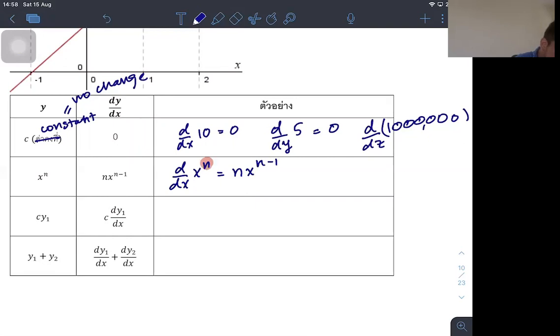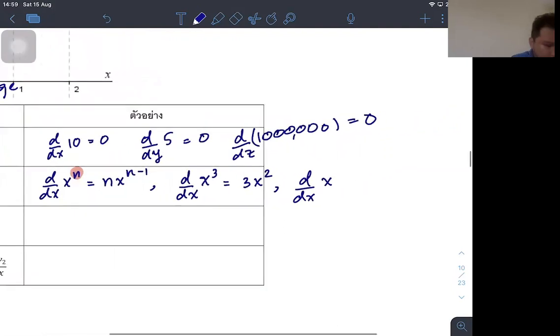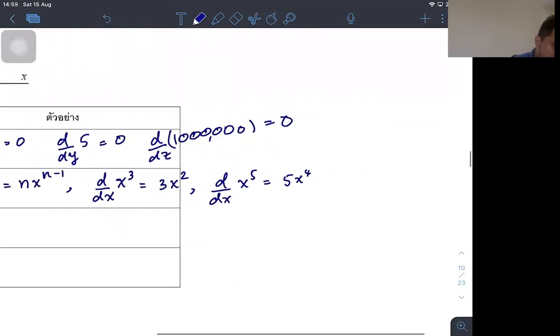So for example, if you have x to the 3 and you differentiate it, you come up with 3 times x, and the power is reduced to 2. And if you diff x to the power 5, you just come up with 5x to the 4.